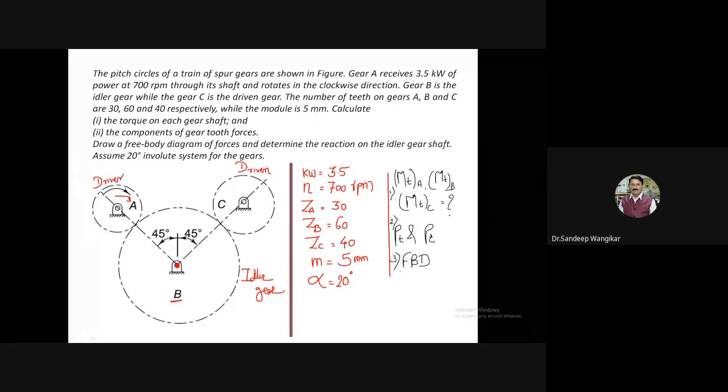I will call this reaction RB. So reaction on the idler gear shaft is asked. These three things we have to calculate, and this is the given data. So take 1 or 2 minutes, then I will give you the steps, and then we will move further for solving the numerical.